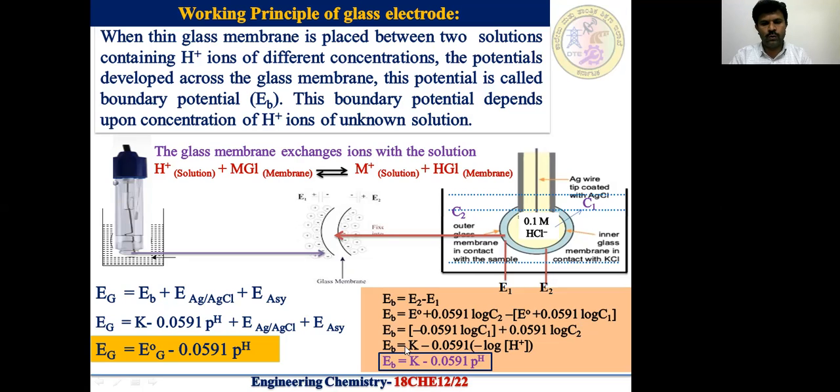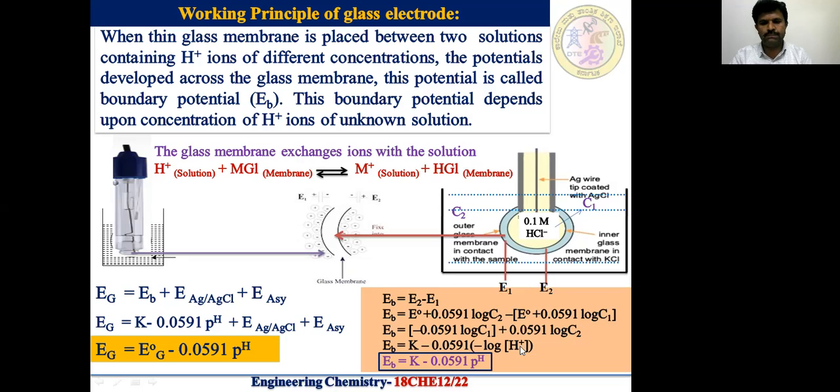EB is equal to this term inside the glass bulb, a constant, minus H plus ion. Hence I will consider the value as constant K, and I will write this as K minus 0.0591 into minus log of C2.